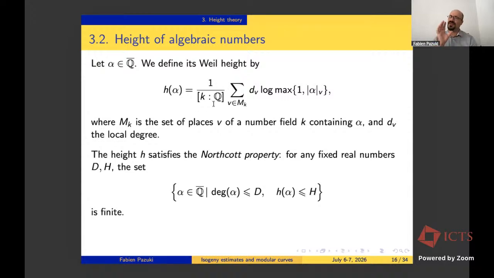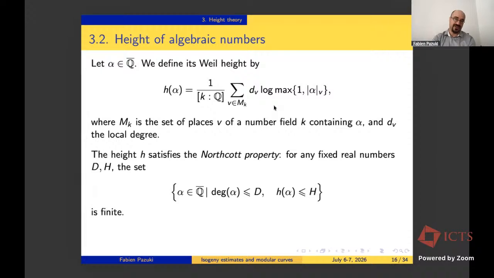And already you can tell that there will be a problem in the definition because I'm not specifying what the number field is. So I kind of need to say something, right? Any number field containing alpha will give me a formula for the height. So all these number fields actually will give the exact same formula.